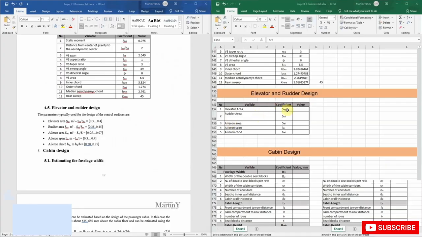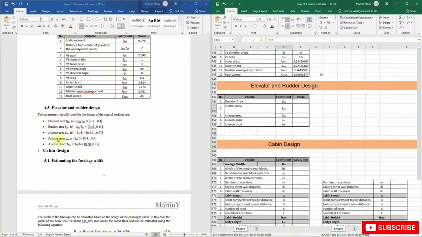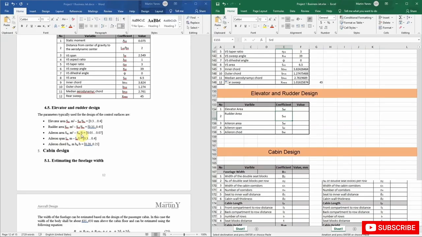So here we are in our Excel sheet, and this is basically the section for the elevator and rudder design. As you can see, they're basically a percentage of the stabilizer or of the wing that they're positioned on. So for example, for the S elevator, or the area of the elevator, we will have it equal to 0.3 to 0.4.